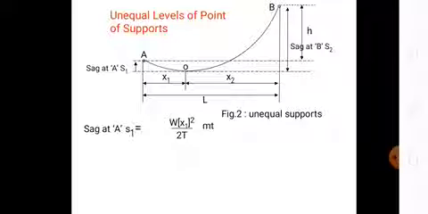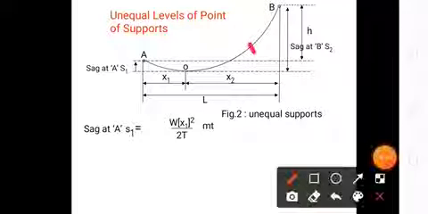Assuming an imaginary pole at point C, and temporarily omitting the portion after point C, then A and C are supports at the same level.